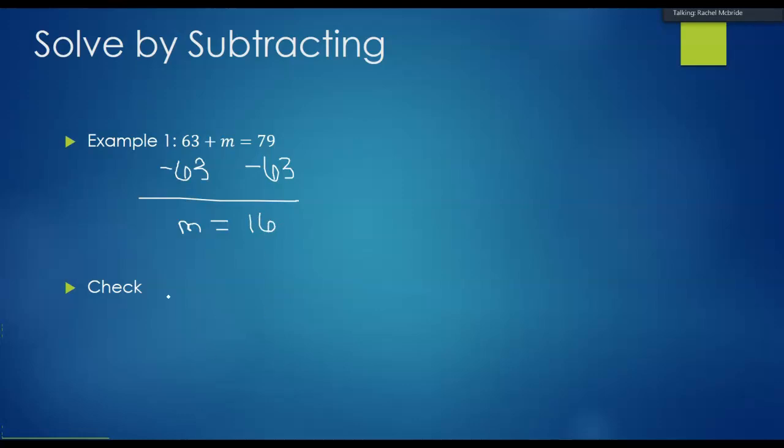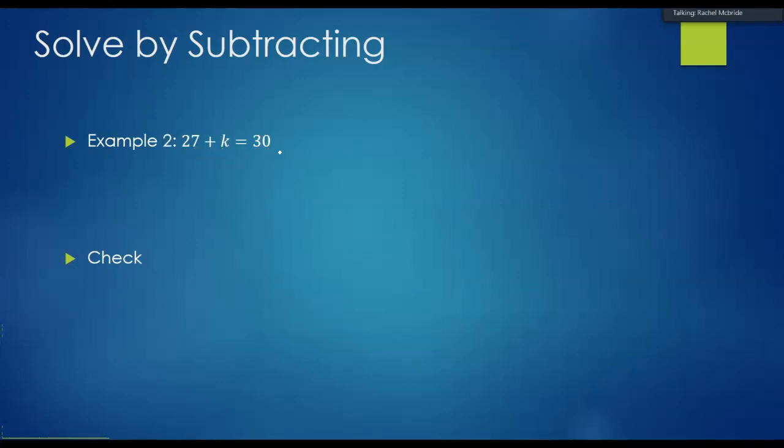Excellent. So we're going to take 63 and add 16 to it to check. 63 plus 16 is like 60 plus 10, which is 70, and 3 plus 6, which is 9. So it checks.